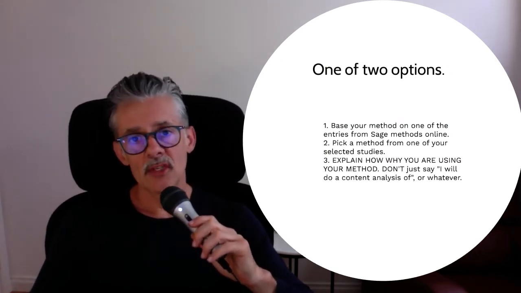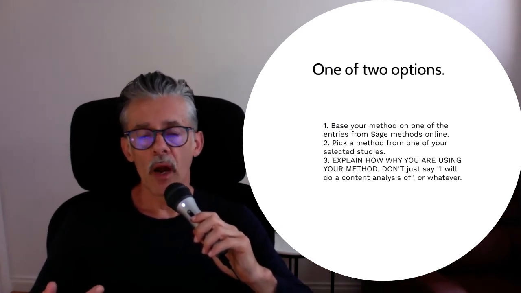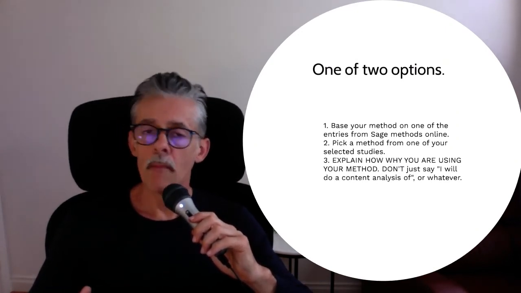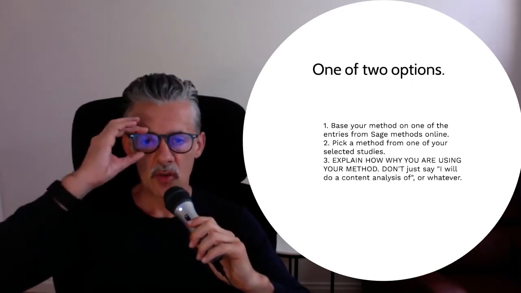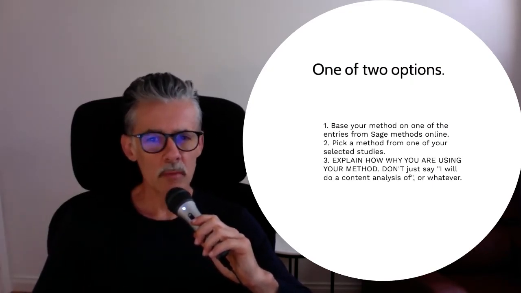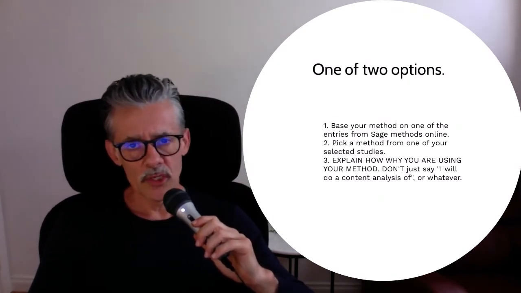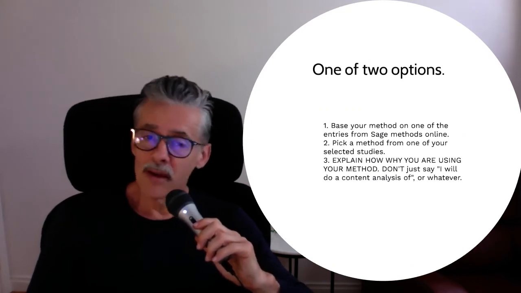Another option is you can basically replicate a method from one of the academic studies that you have chosen. So it might be that a particular study, you're using that to get the concepts and the ideas, but you also think the method is really useful and you think it applies to your research question. So you're going to replicate it. There's nothing cheating about doing that.